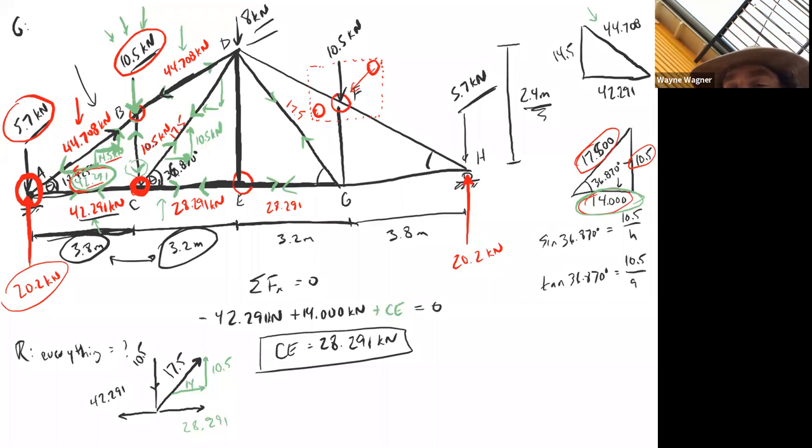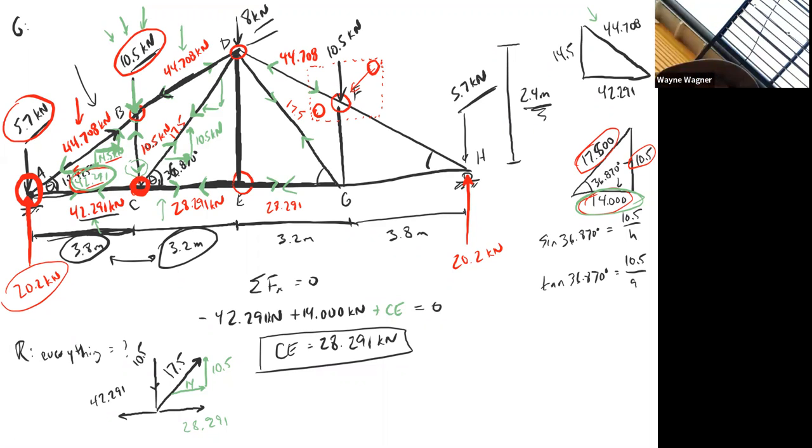Okay, so if we do this all via symmetry, then up here I've got a force like this, and this is 44.708. What we want to do is make sure that all of these forces coming into this last joint are going to work out.